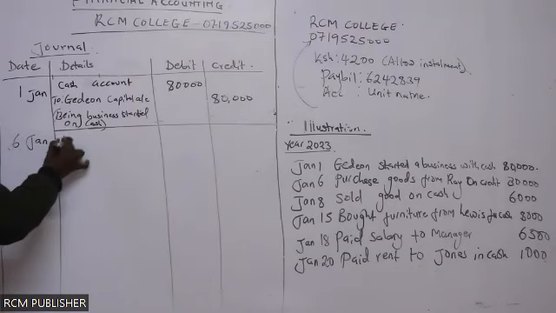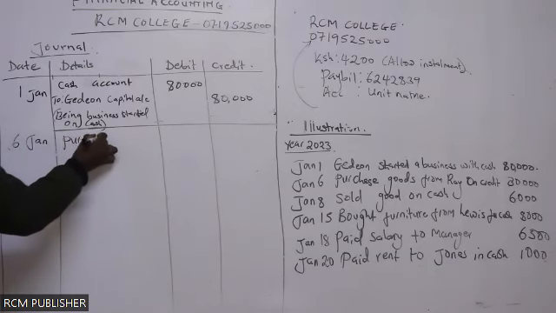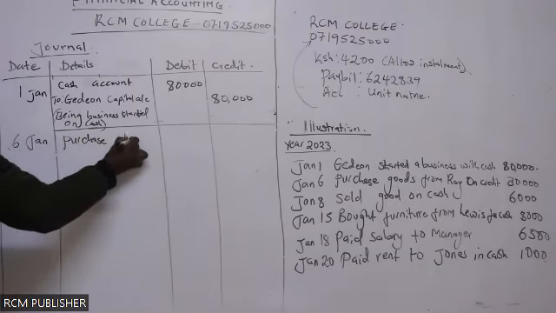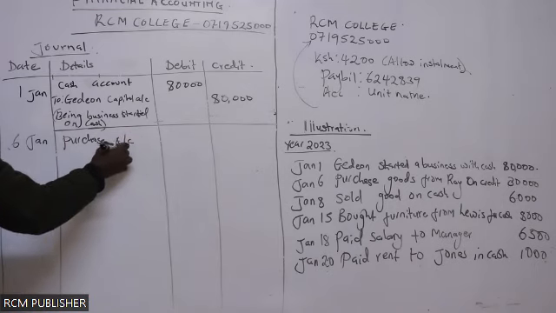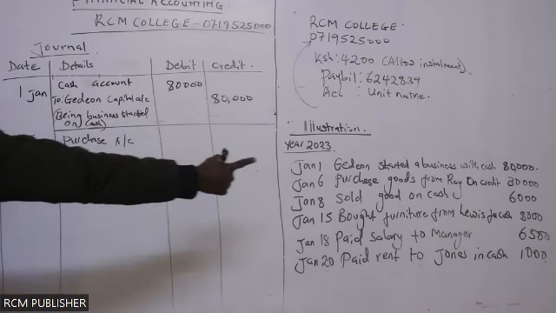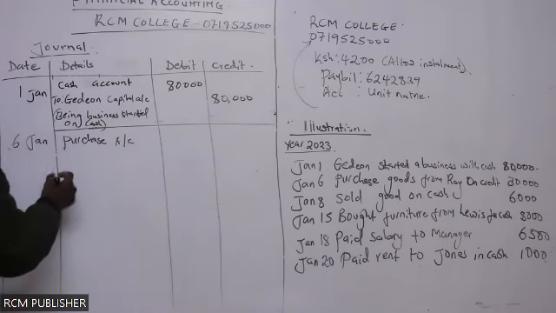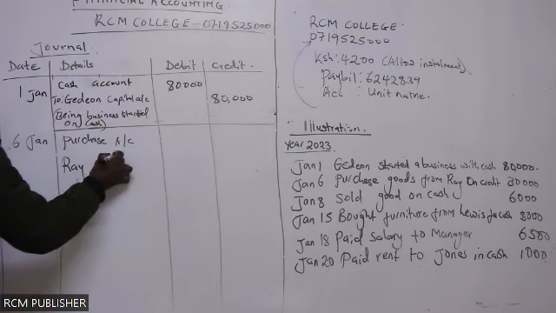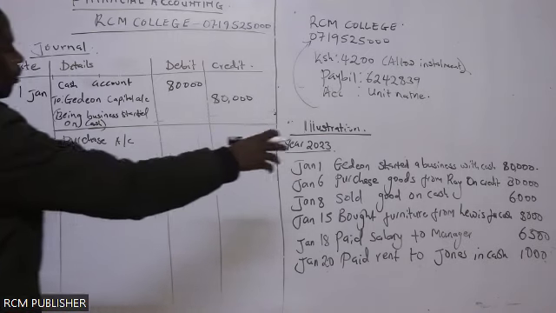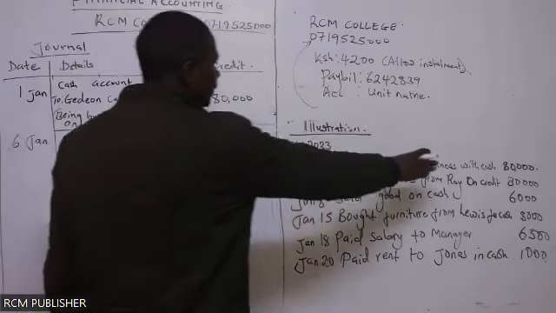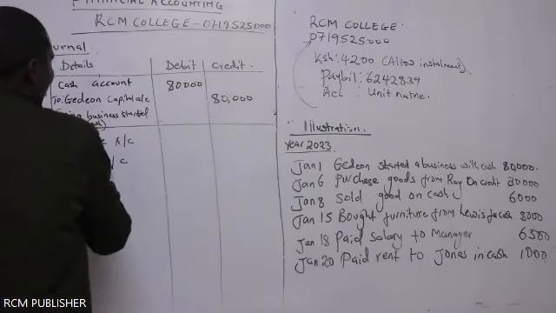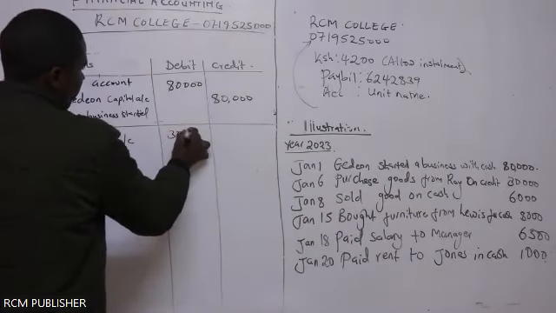We shall be having the purchase account, and then the Lay account. So here we are debiting the purchase account with 30,000.